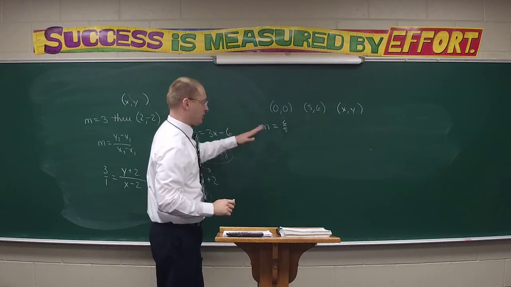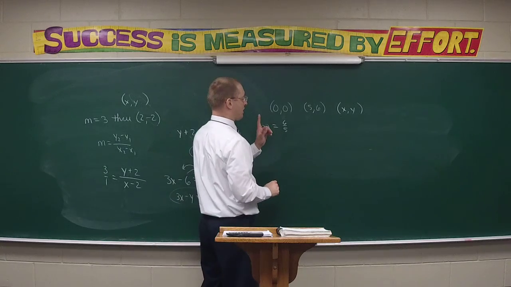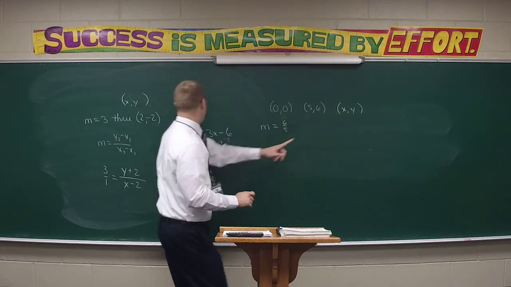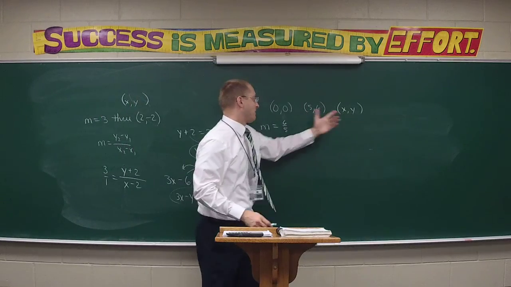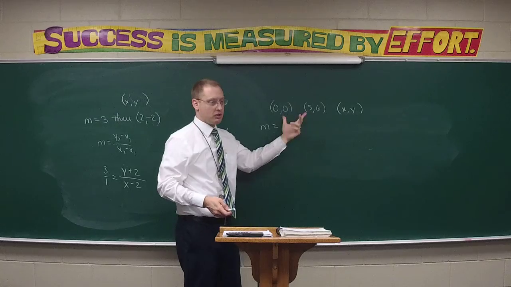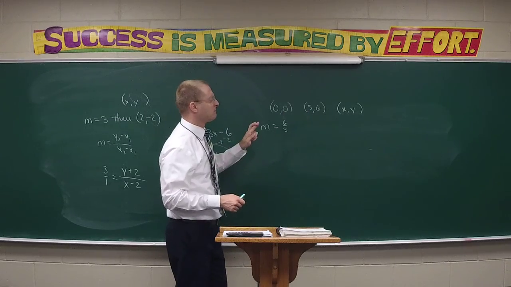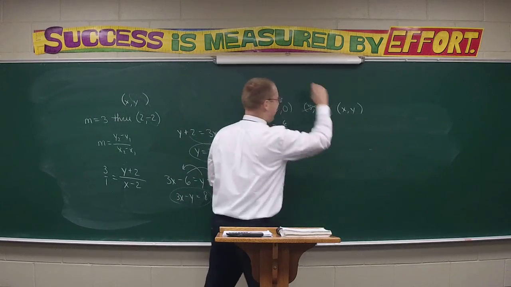And so we've got the slope, and then we've got this point xy. Now, last time we had xy, and we had one other point. Here we have xy, and we've got two other points. Well, let's just pick one of them. (0, 0). Absolutely.